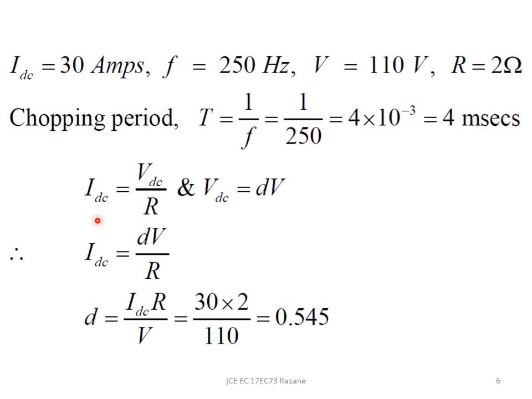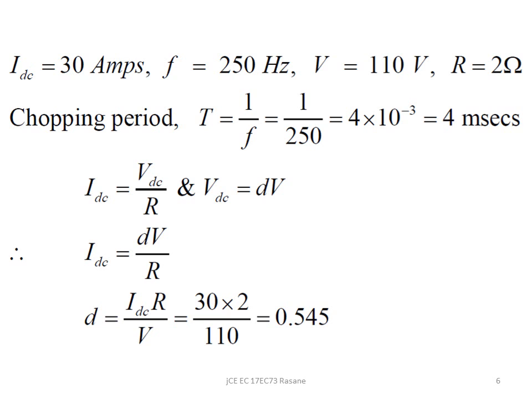And IDC, we know the formula is equal to VDC by R. And VDC for a step down chopper with R resistance is equal to D into V. So IDC can be made equal to, substituting VDC as D into V, where D is the duty cycle, D into V upon R. From this we can evaluate D, that is the duty cycle, which is equal to IDC R upon V. So that is equal to IDC is 30 amps into R is 2 ohms and V is 110, and you will get the duty cycle as 0.545.